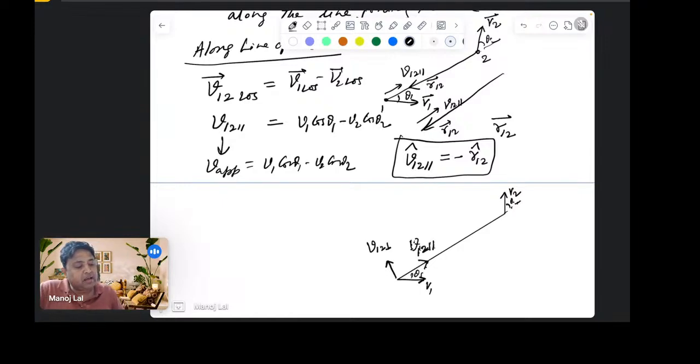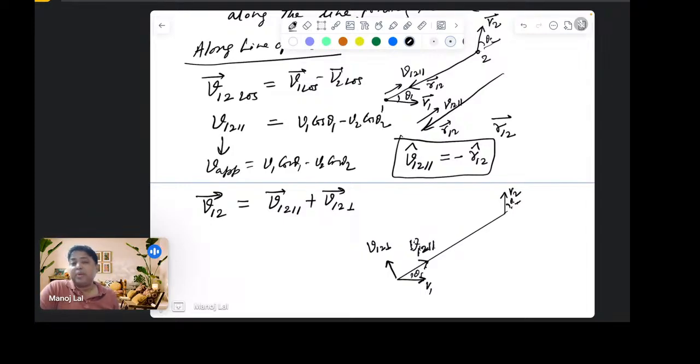So basically, the velocity of 1 with respect to 2, I can say, is the velocity of 1 with respect to 2 parallel to the line of sight plus the velocity of 1 with respect to 2 perpendicular to the line of sight, right?